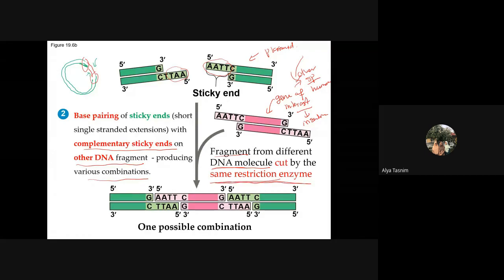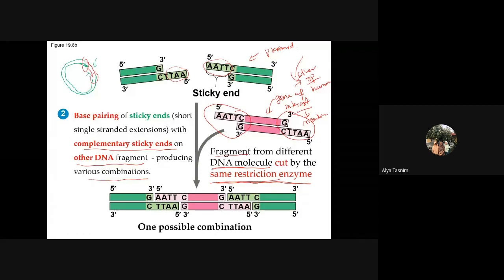So remember, the DNA fragment does not necessarily contain the gene of interest. It may be another DNA fragment that happens to have the same sticky end because it is cut by the same enzyme. Because our DNA is very large, the probability of the restriction enzyme cutting and producing many DNA fragments is high. So it produces many DNA fragments that may not contain the gene of interest.